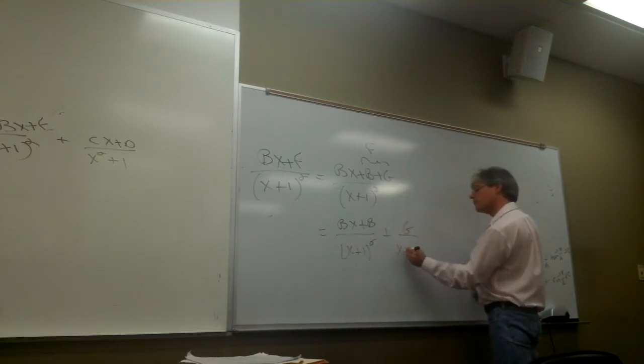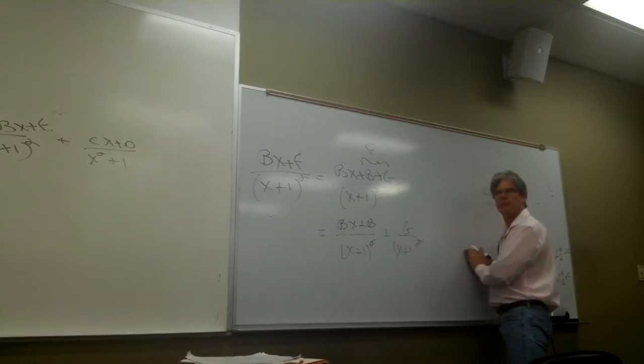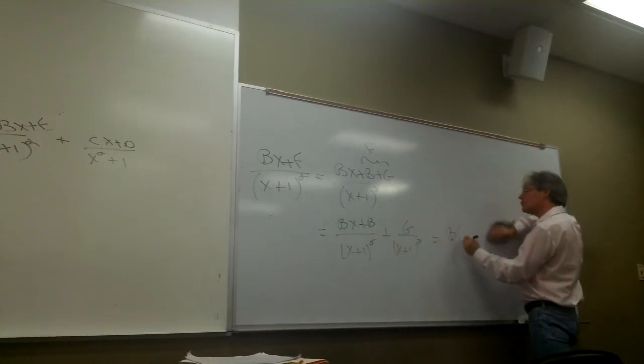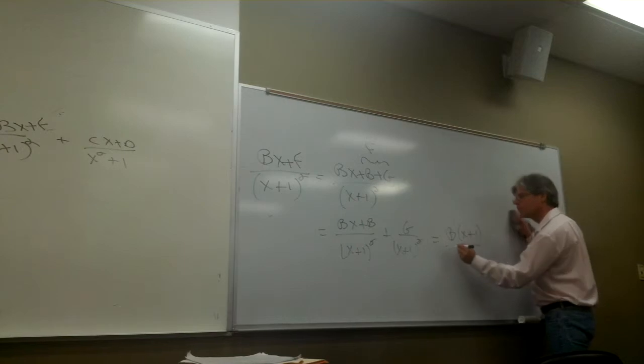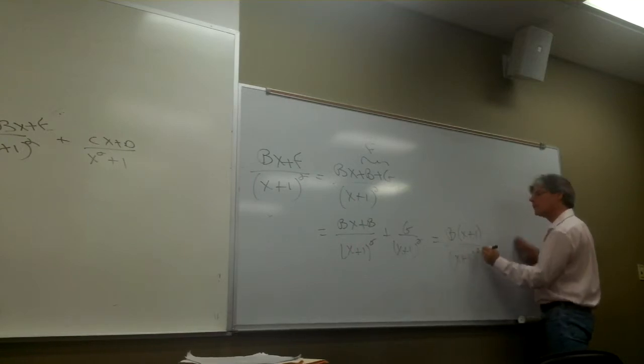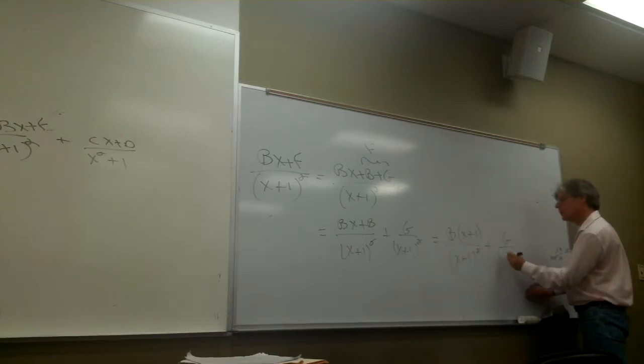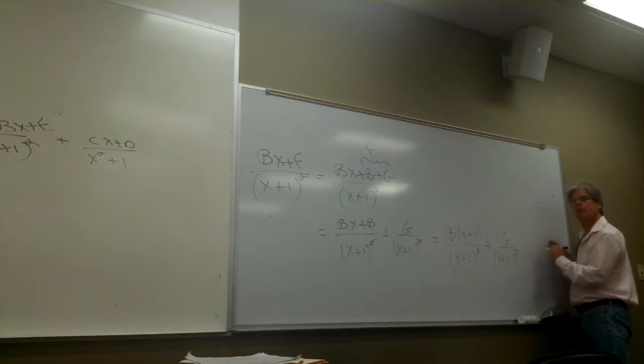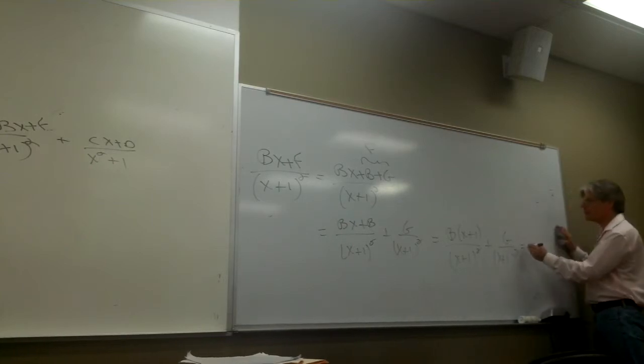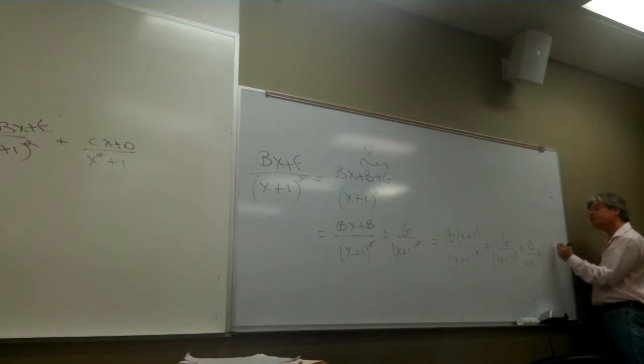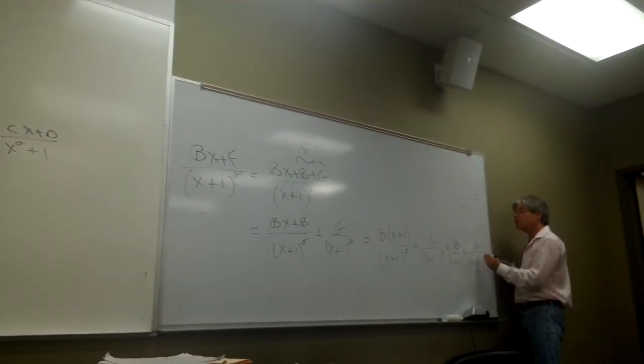I'll factor out a b from the numerator of the first fraction. I'll perform a tad bit of cancellation. Give me a b over x plus 1 only once, plus a g over x plus 1 twice.